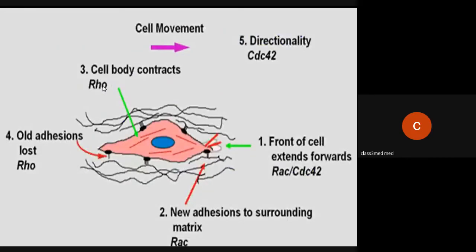This picture is not required to memorize, but simply the tumor cell moves in an amoeboid way, amoeba-like. Okay, first step, the front of the tumor cell extends forward.